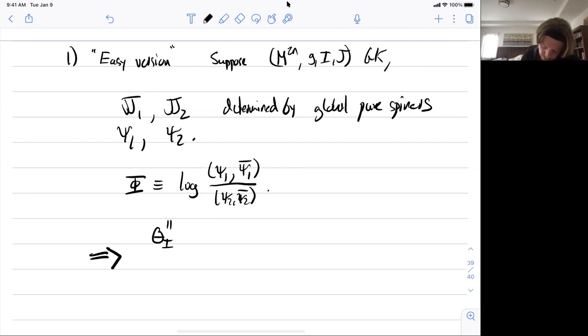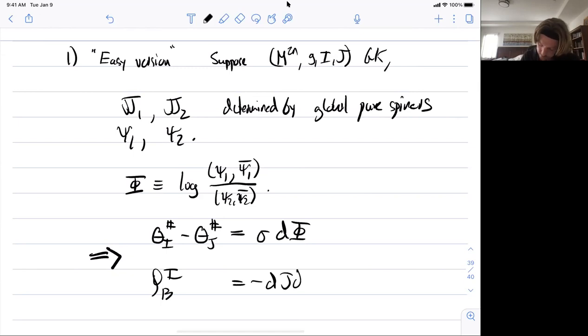So for instance, the difference of the Lie forms should be sigma d phi, and the Bismut Ricci form should be minus dJ d phi.